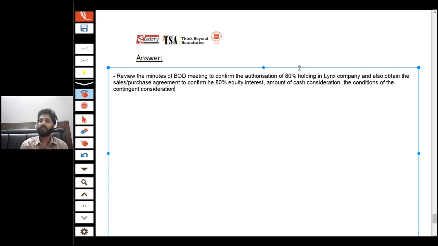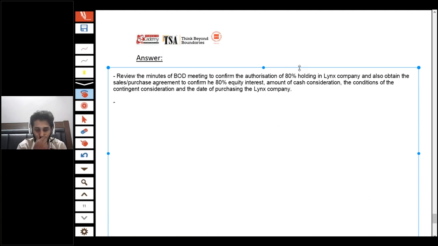These are actually verifying rights and obligations, amounts, and the date of purchasing the Links company. Now this is the smart and complete procedure.